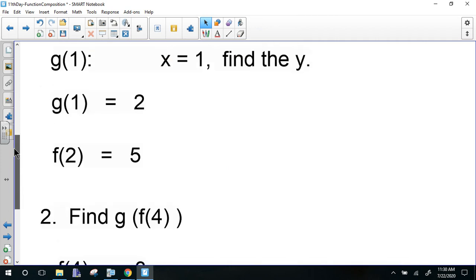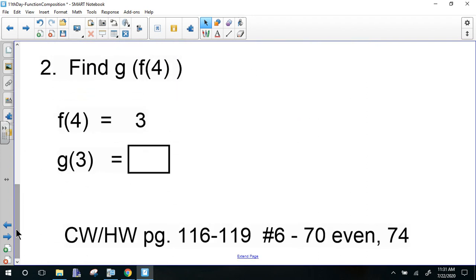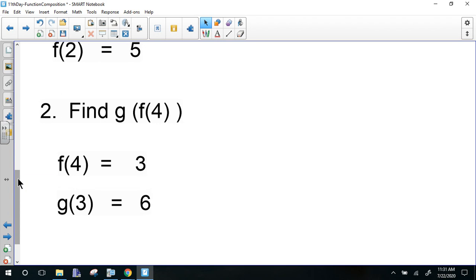Then I'll go over to my g graph and look at 3. 1, 2, 3. I'm up here at 1, 2, 3, 4, 5, 6. Should be my answer for that one. Okay, 6 is the answer for that one.